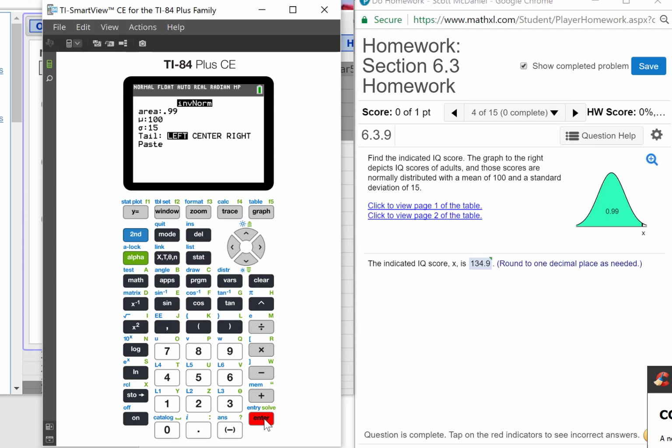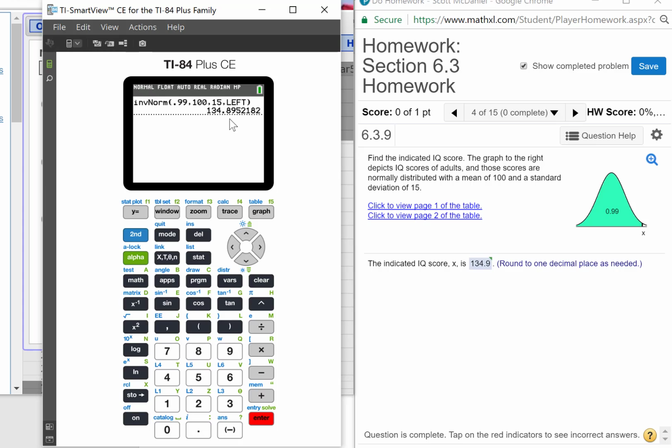If you don't have the option, if you just have the TI-84 or even an earlier version of the 84, it's assumed to be left. So left is the default. I do like this new tail that you get to select, which is nice. And we get 134.9.